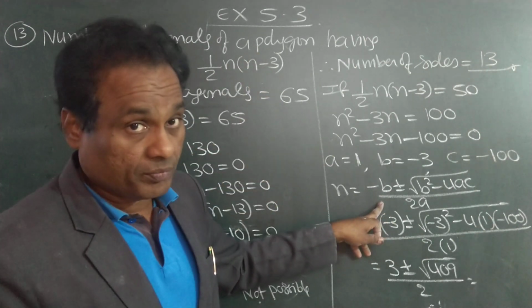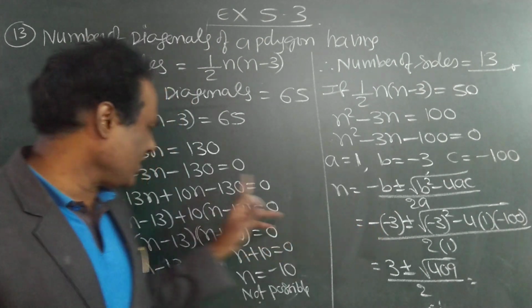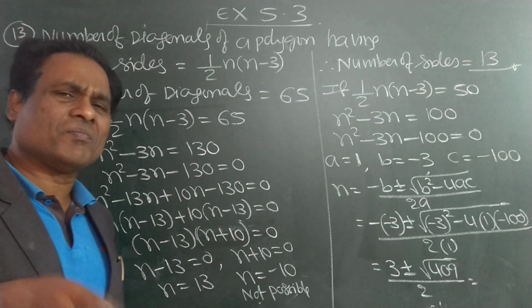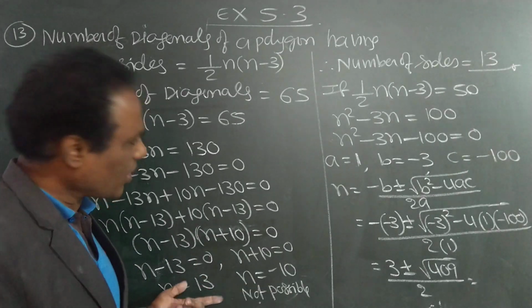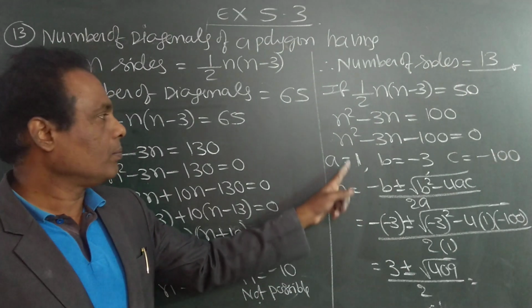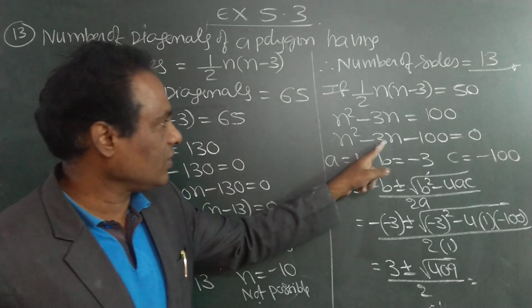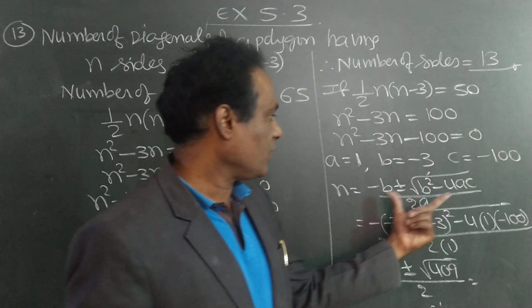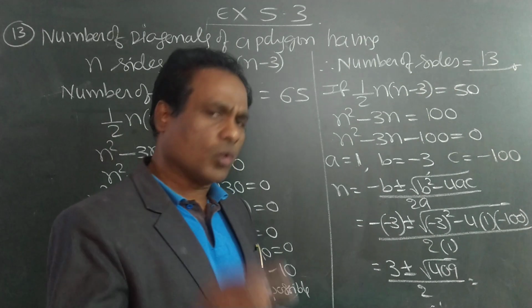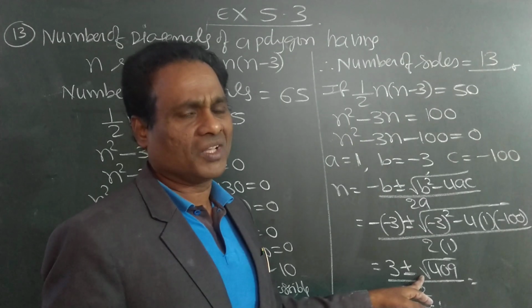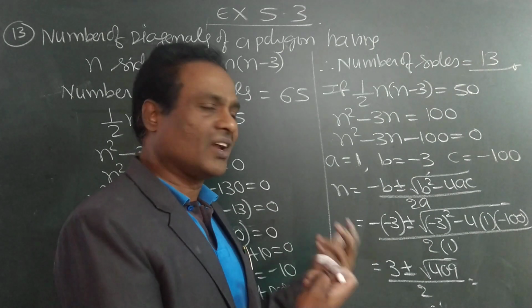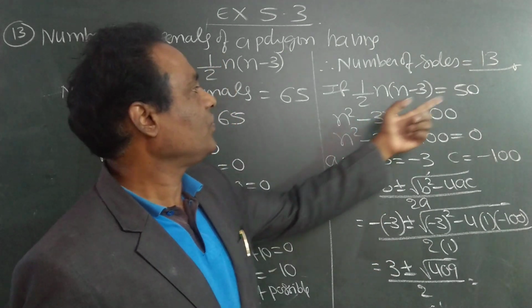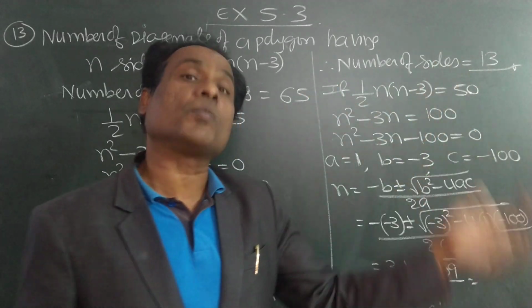After that I applied the factors method only. Almost all problems I applied that method only, but for every problem you can apply this formula. This is A, this is B, this is C, substitute, but the only problem is you have to find the square root if it exists. Here it doesn't exist. So n does not exist, therefore a 50 diagonals polygon is not possible.